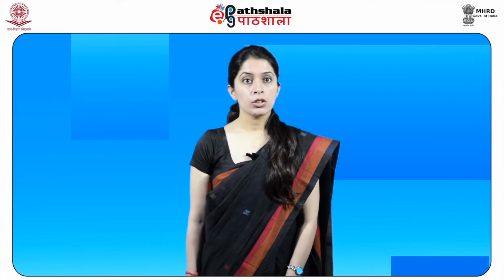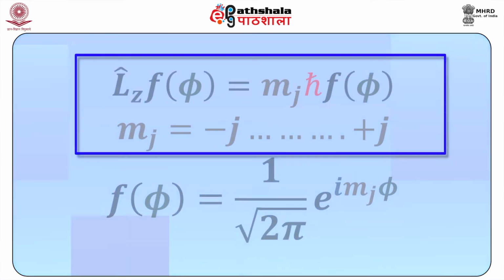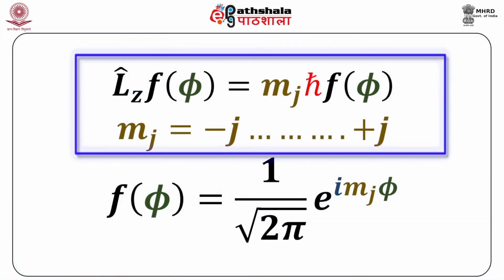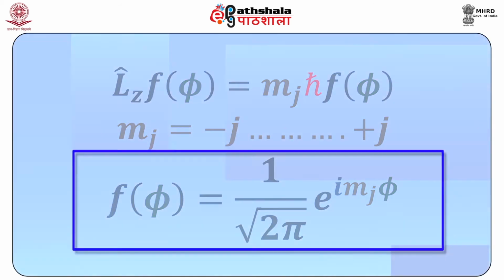With this, the possible results of Lz are now of the form Lz f phi equals mj h cross f of phi, where mj can take up values from minus j to plus j, and f of phi is of the form 1 upon under root 2 pi e to the power iota mj phi.